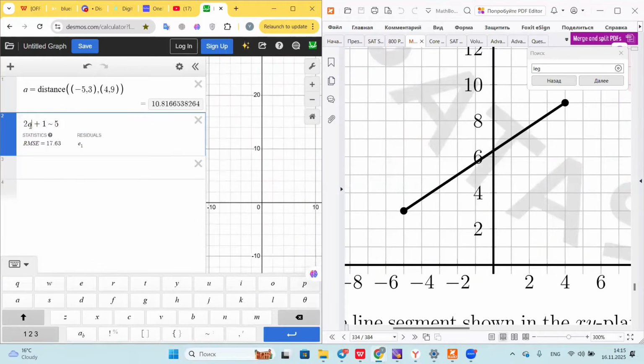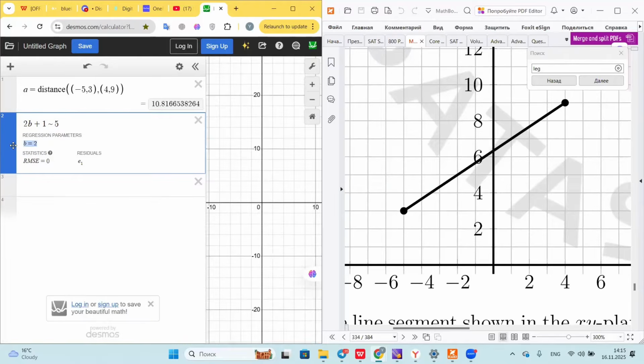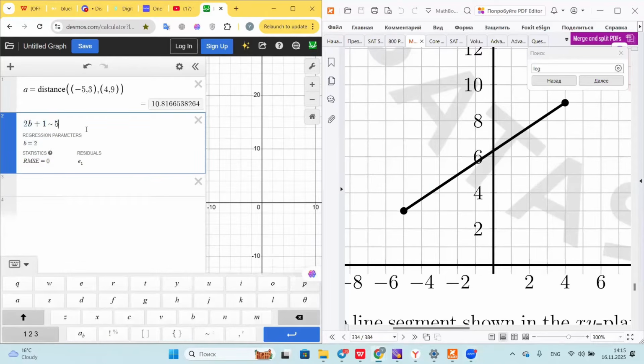Here A was already used in the first row, that's why we use B. Now we can see B is directly shown here, guys. B equals 2, and 5 equals 5, so it is okay. You can see any equation can be solved. By the way, here you can hide this.